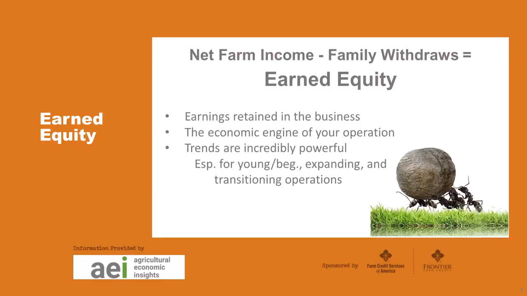So let's look at what earned equity is. Earned equity is just what we earn and what we hold on to. So net farm income, you take out family withdrawals, things that you put money into in other places. And that's what you've retained in terms of earned equity.